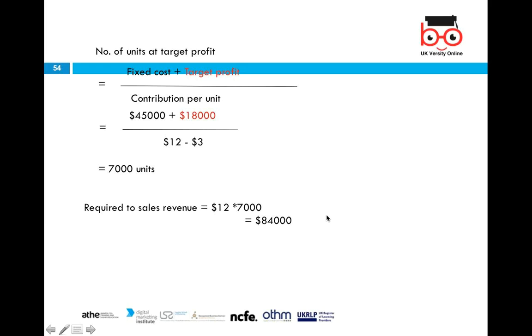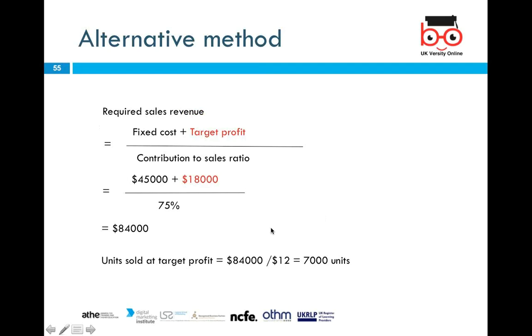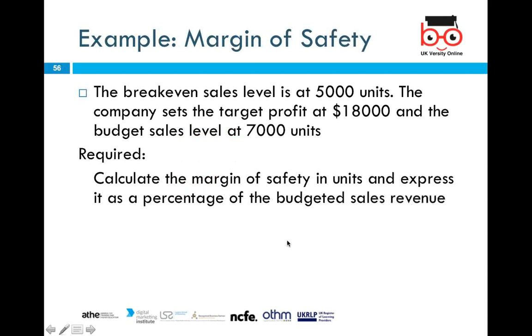So this is a simple calculation, and you can mix and match whatever target profit you want, in terms of units and in terms of sales. That's the margin of safety. Another alternative method: we can take the contribution to sales ratio as a percentage, and you can get the same figure this way as well.